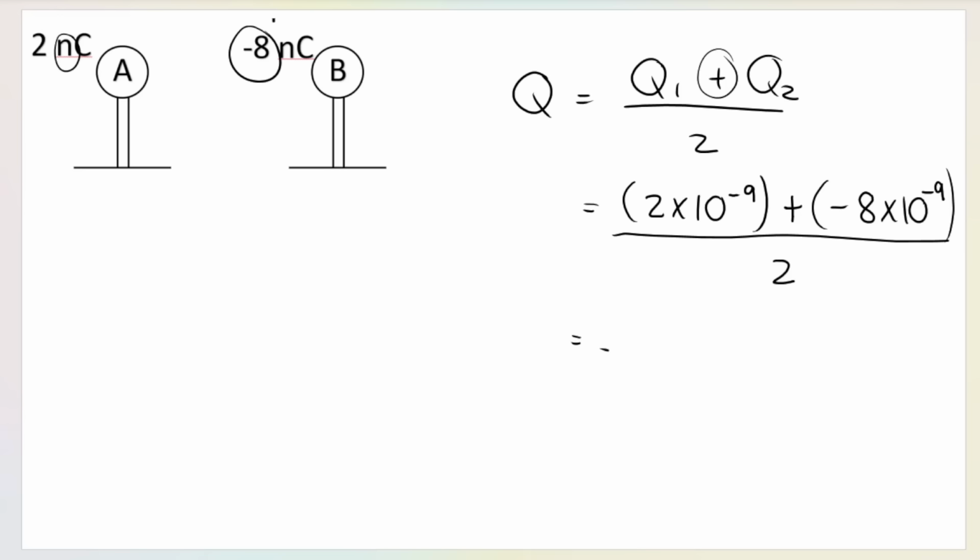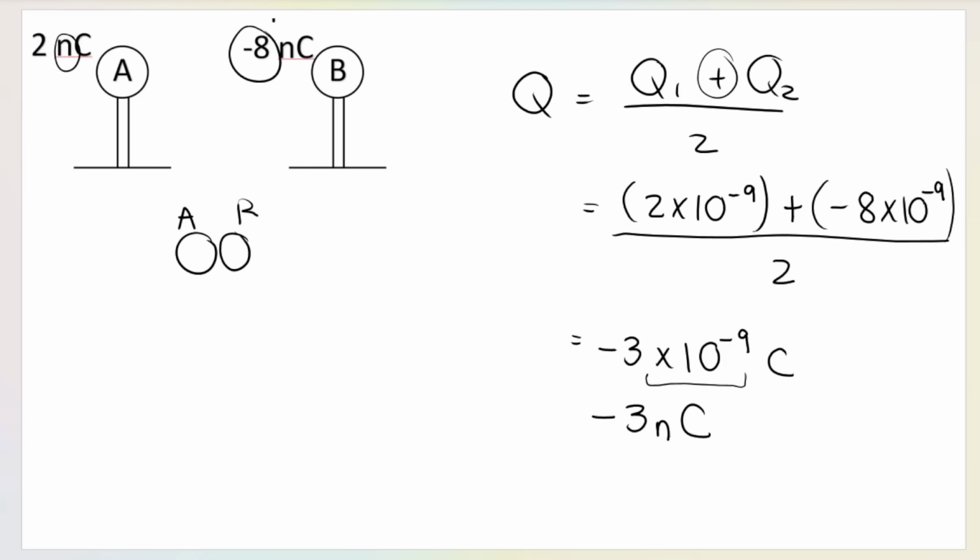And I get negative 3 times 10 to the power of negative 9 coulombs. Another way that you could technically write this is negative 3 nanocoulombs, because remember, nanocoulombs just means times 10 to the power of negative 9. What this means is that initially A and B have the charges that you see on the screen, then they touch. Which way will electrons move, by the way?